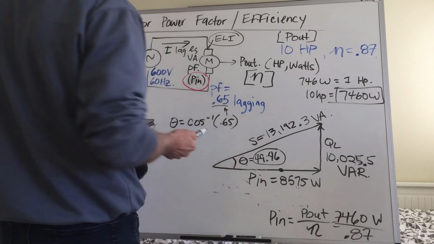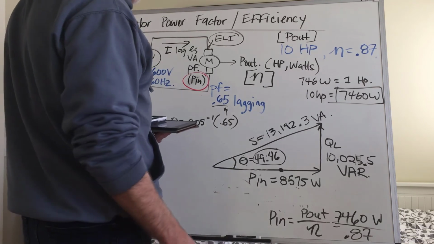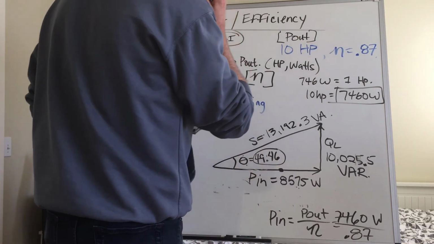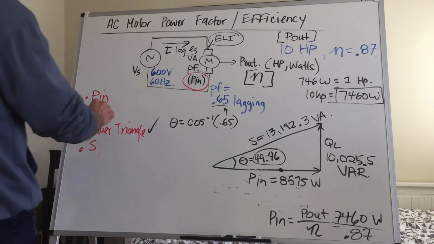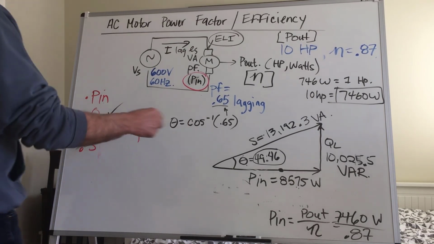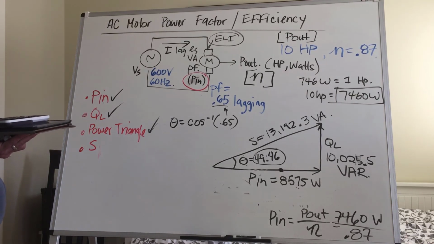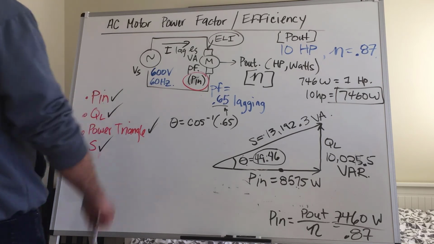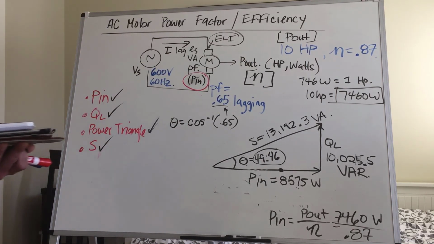That being the case, we know the current is lagging by 49.46 degrees. So then we've got all our values in our power triangle. We've got our QL value because it came from our power triangle, our P in value that came from the efficiency of our motor, and lastly our S value. So we got everything we required from our power triangle.